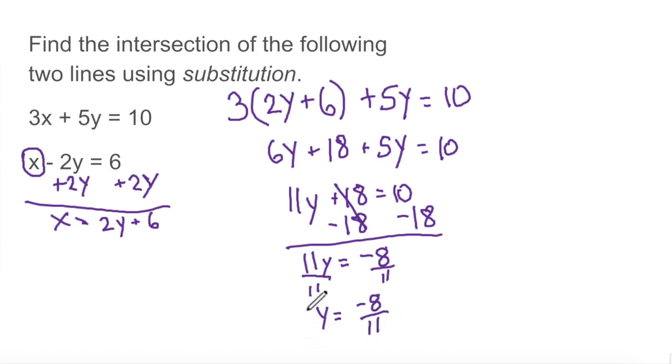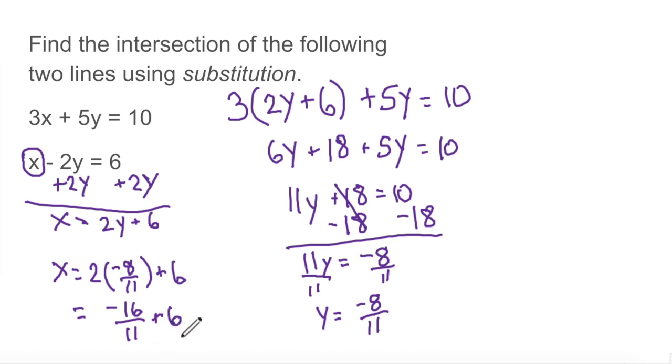So now we know what y is. We can plug y back into any of these equations and solve for x. So actually, let's use this one. This is already in an x equals format, so this is perfect. x equals 2 times negative 8 over 11 plus 6. Okay, and then when we multiply that out, we get negative 16 over 11 plus 6.